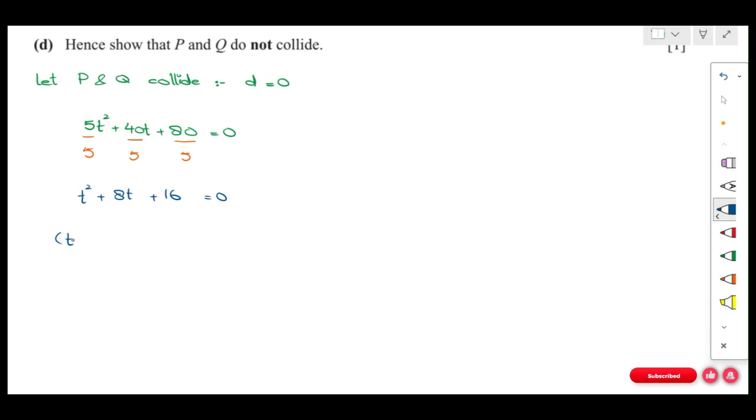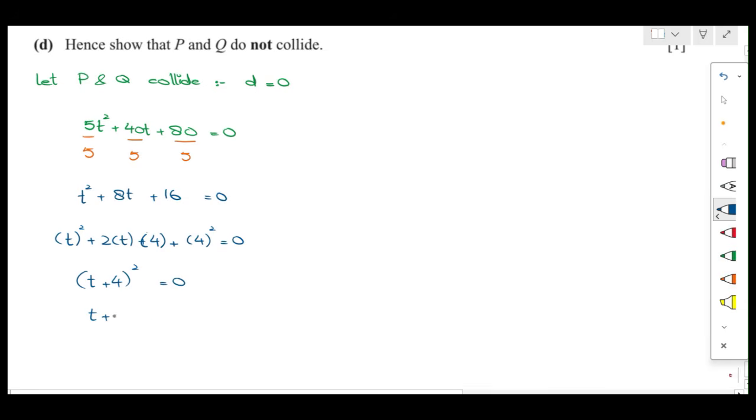Now this is t square plus 2 into t into 4 makes 8t, and 16 is a square of 4. So here we have a square plus 2ab plus b square. So this is the t plus 4 whole square formula, equal to 0.